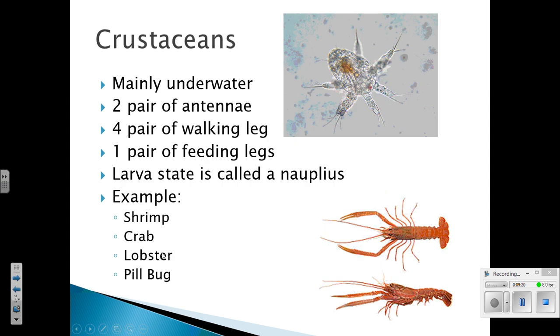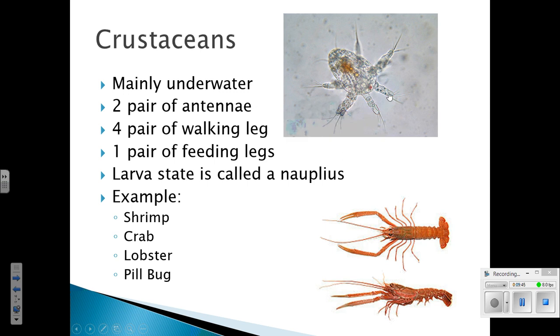All right, crustaceans, the big thing here is that they're going to be underwater, or they have to be in water. They're going to have 2 pair of antennae, 4 walking legs, as you can see on this lobster here, and then a pair of feeding legs, which would be the pincher set. They're going to go through a larva stage, which is called nauplius.